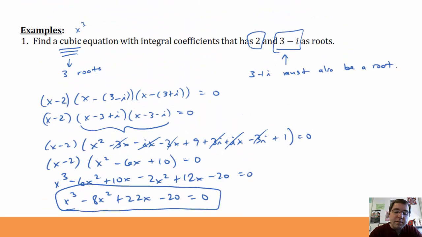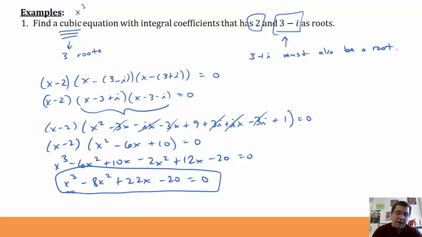Are there others? Yes, there are. I could just multiply that whole equation by a real number, like 6, and I'll have another cubic equation that has the same roots. I can multiply it by any real number that I want. So there are actually an infinite number of cubic equations that have those roots. I was asked to find one of them, so I did.